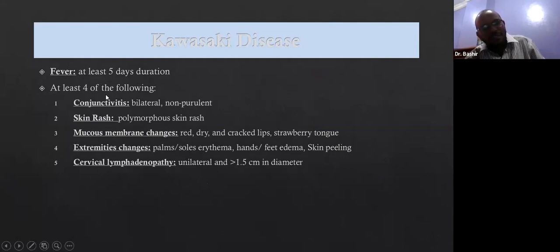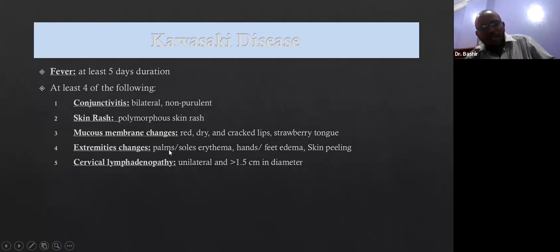If less than this, it will be incomplete or atypical. Fever, besides conjunctivitis, which is bilateral and non-purulent. Also a polymorphous skin rash, and mucous membrane changes, especially oral. It will be red, dry, and the lips will be cracked. The tongue will be like a strawberry.